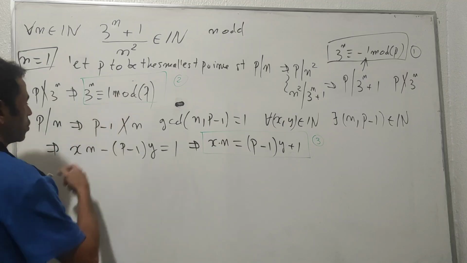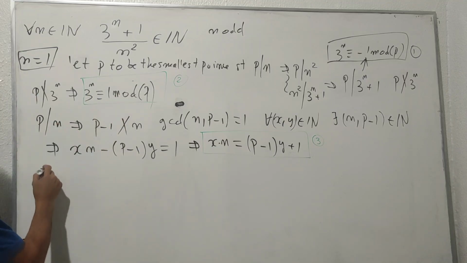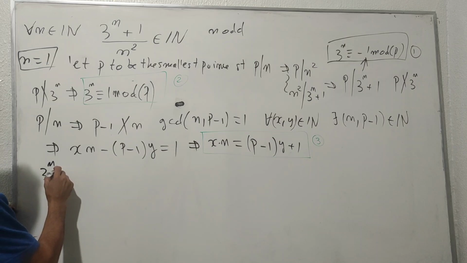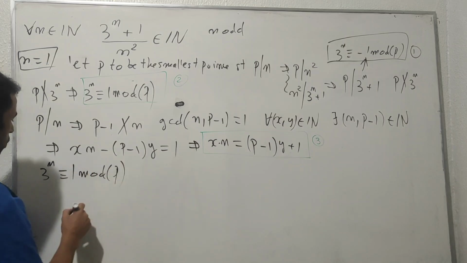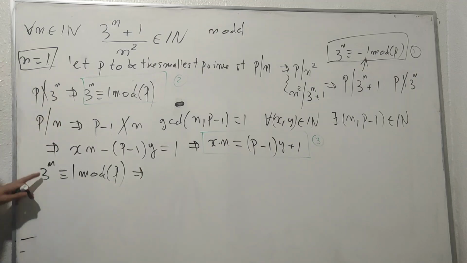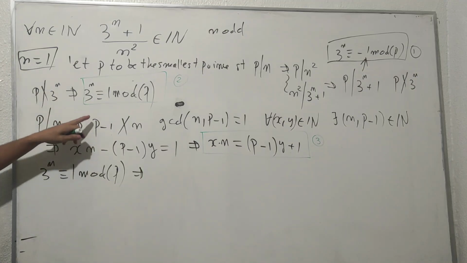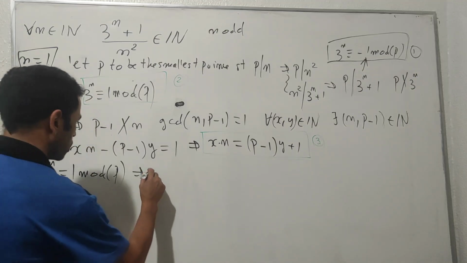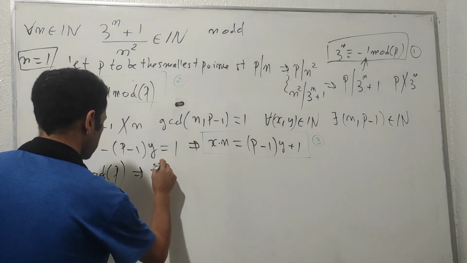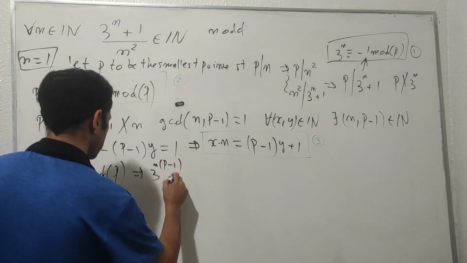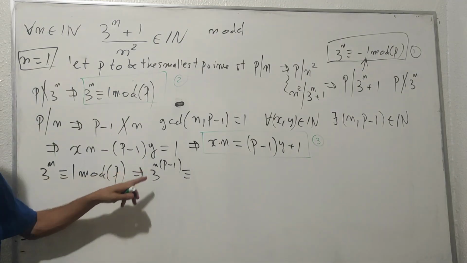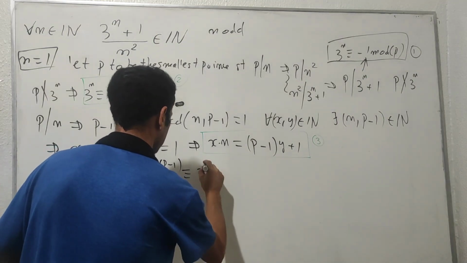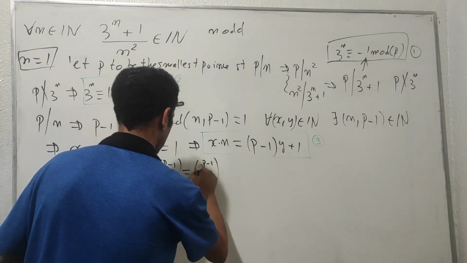Okay, for this statement, let's take statement 3 to the n, which is congruent to 1 mod p. Let's raise both sides to p minus 1 as an exponent. I get 3 to the n times (p minus 1) is congruent to 1 mod p, and also I'm going to switch this exponent to this form: 3 to the p minus 1, all to the n.